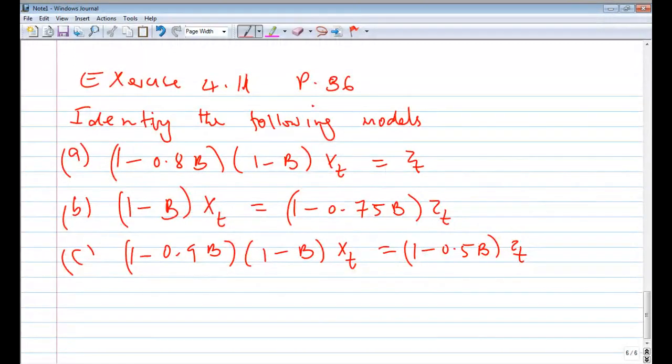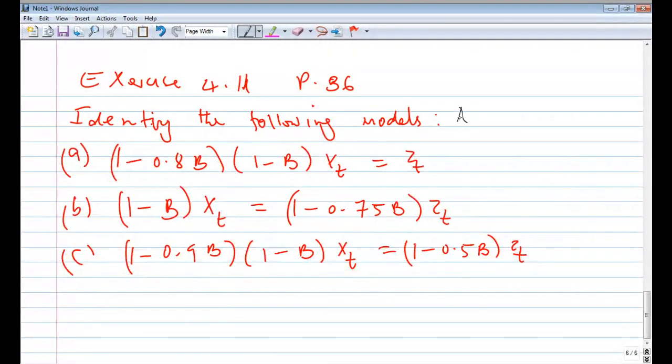So they want us to identify the model. In other words, they want you to find p. Okay, anyway, they want you to identify the model in this way.